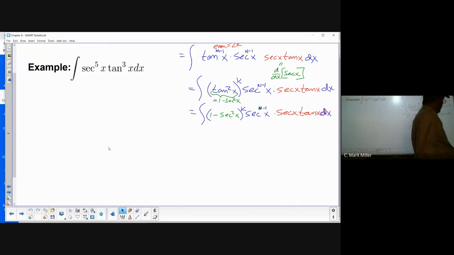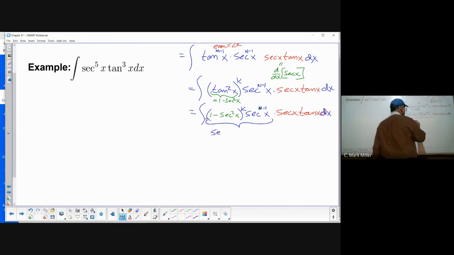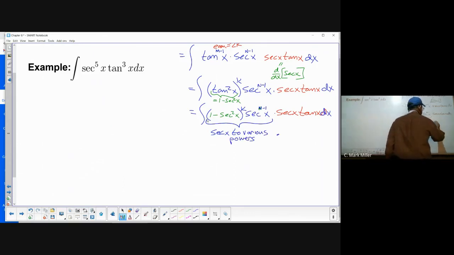Why do we do all that? Because this gives us secants to various powers, secant x to various powers, times the derivative of secant.